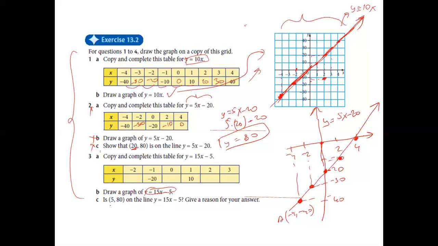Okay, if you put 5 in the place of x, then you'll find 80, y is equal to 80, so our graph is on the line. If they are not equal to each other, it's not on the line. We had learned it in the previous examples.